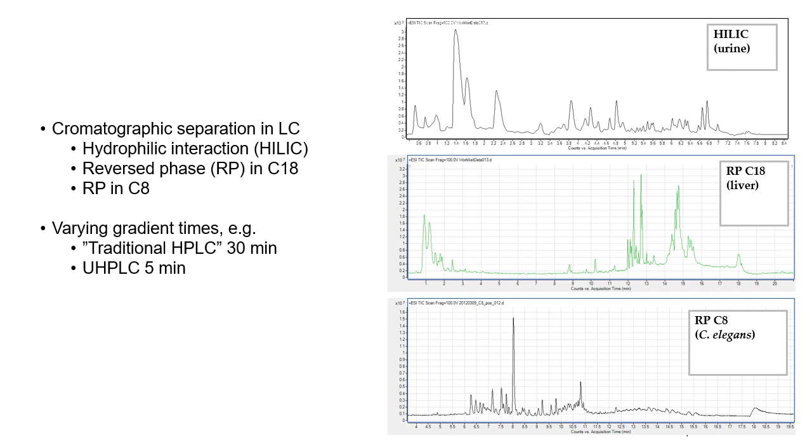So it's a very good compromise between semipolar and non-polar compounds that we can detect there. And then the reverse phase C8 type of column, for example, the lowest one here, that is suitable when we are especially interested in the lipid portion of our sample.